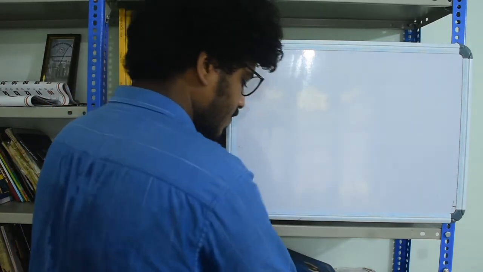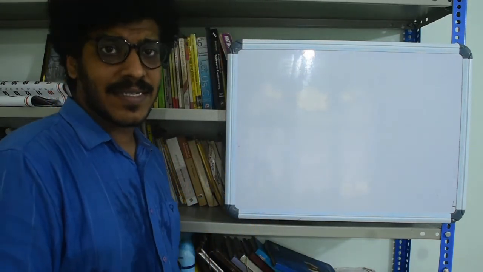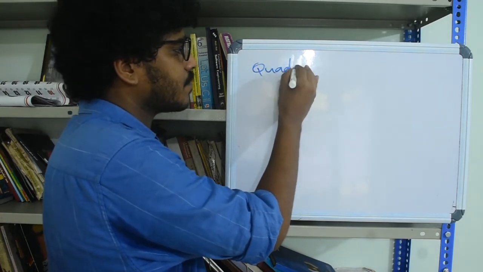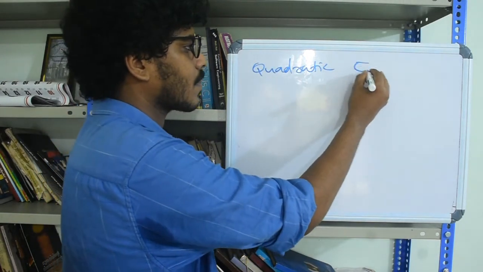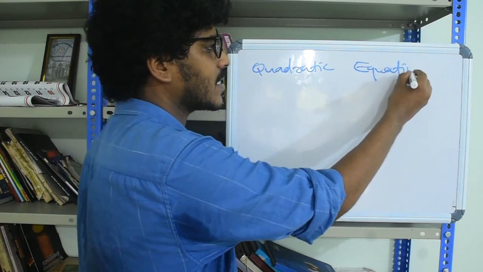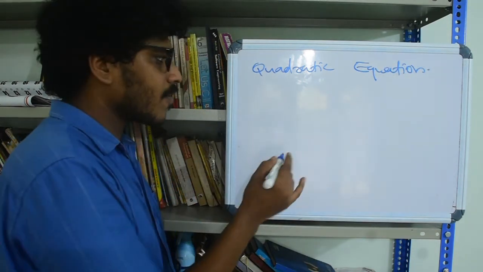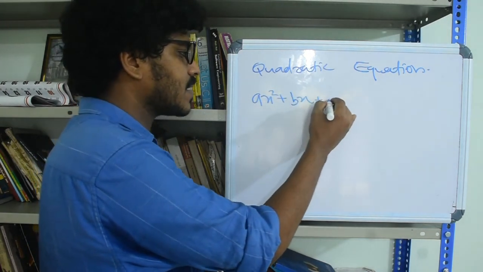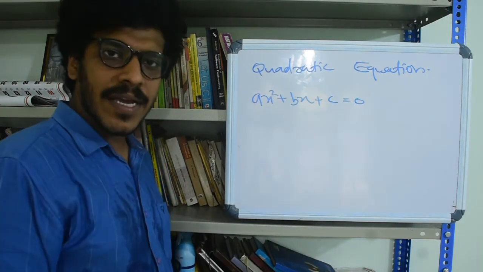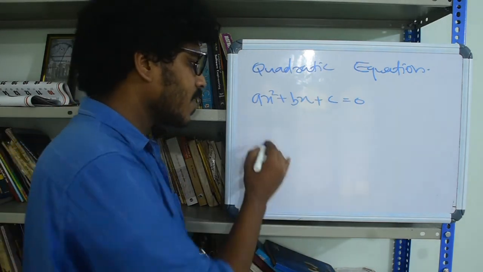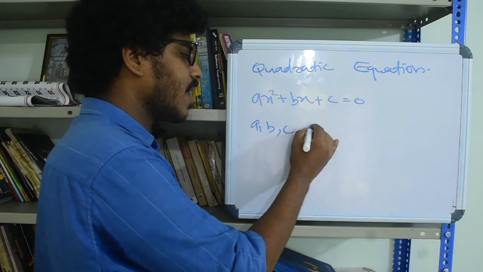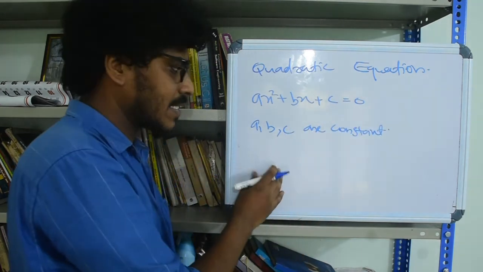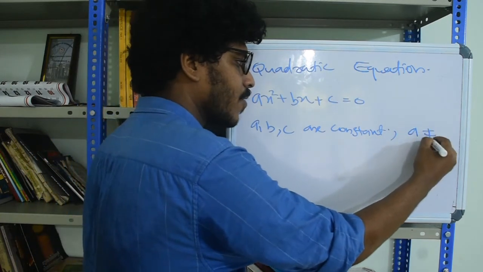Now again a redundant concept for you, the quadratic equations. So what is a quadratic equation? An equation of the form ax square plus bx plus c equal to 0 is called a quadratic equation where a, b, c are constants, and a not equal to 0.